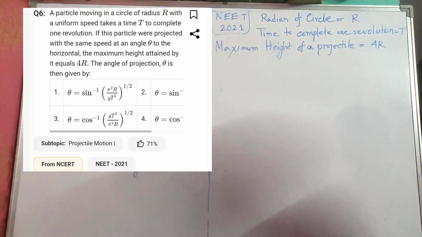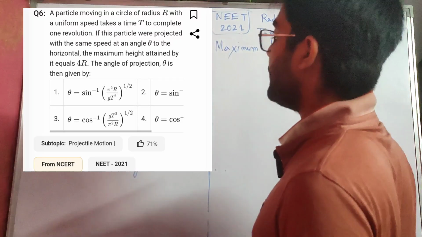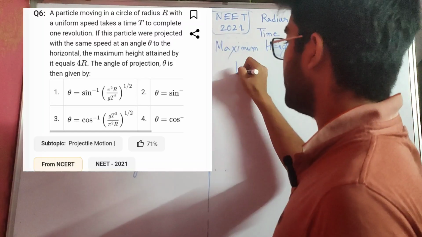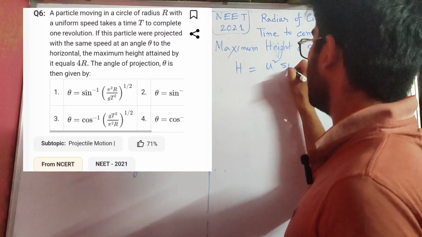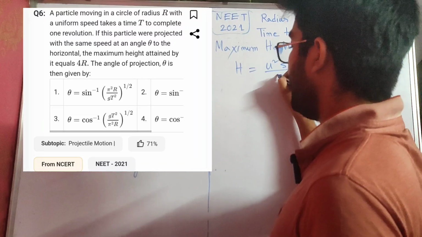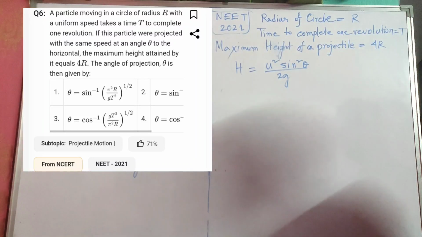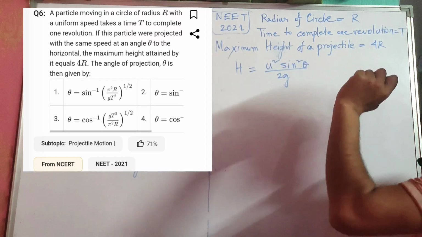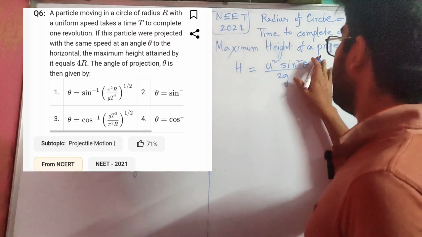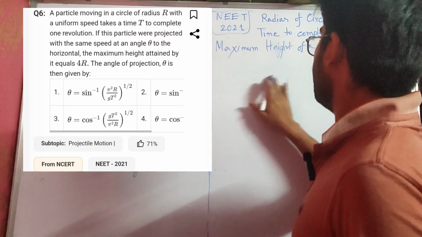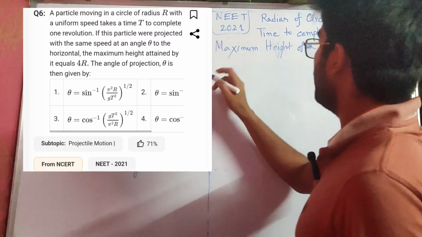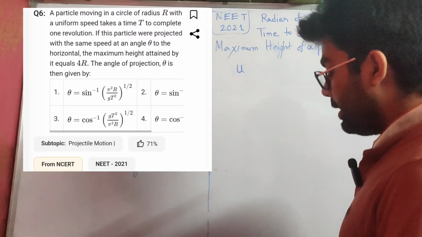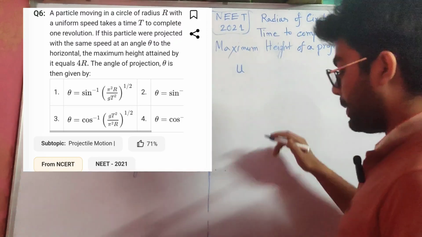We know the formula of maximum height of a body in projectile motion: h equals u square sin square theta by 2g. Here we do not know the value of u, so firstly we calculate u, the speed of a particle in circular motion.